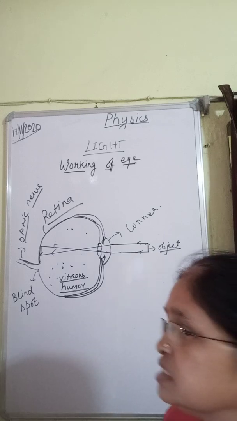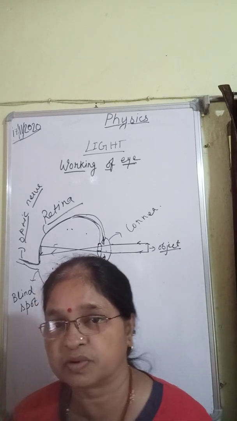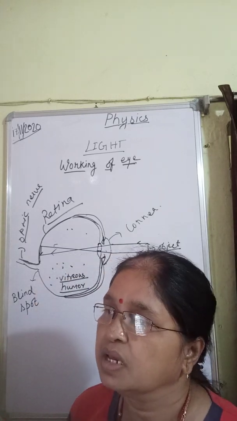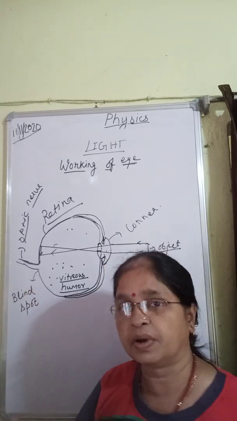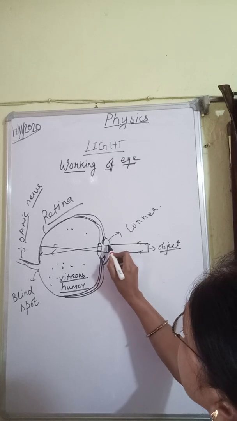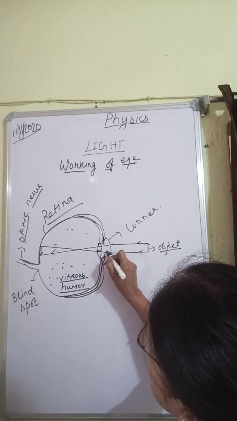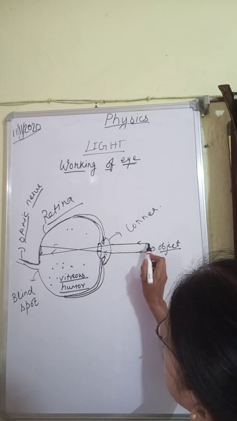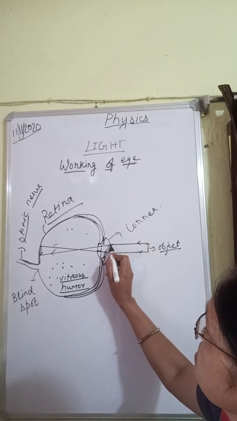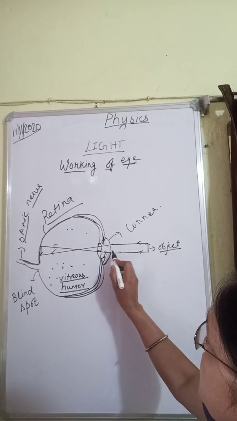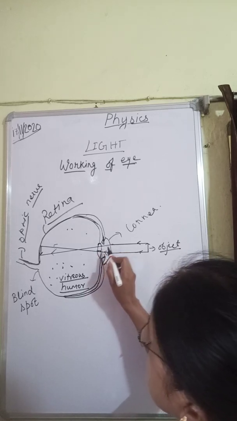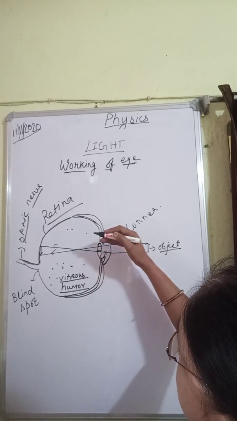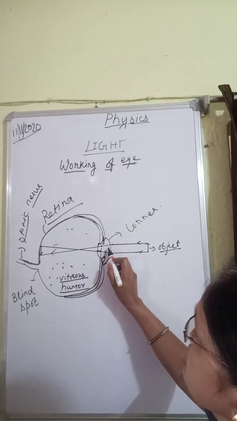Whenever light passes from one medium to another, it refracts, that means it changes its path. See here: from this object, light is going in a straight line, and as it enters inside our eyes, it diverts from its path.